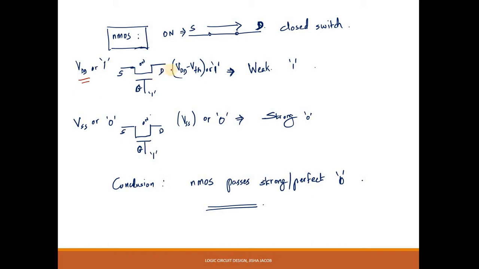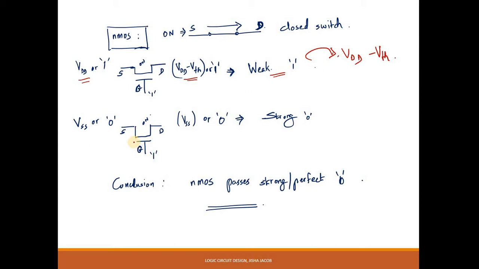This acts as a pass transistor. When the applied voltage is VDD, it will not pass VDD fully. What you get at the other end is VDD minus VTH. That means there is a drop in voltage from VDD. Hence, we call it a weak one. A strong one would be full VDD. Any deduction from VDD will make it a weak one.